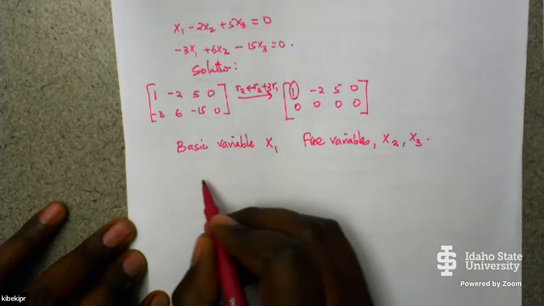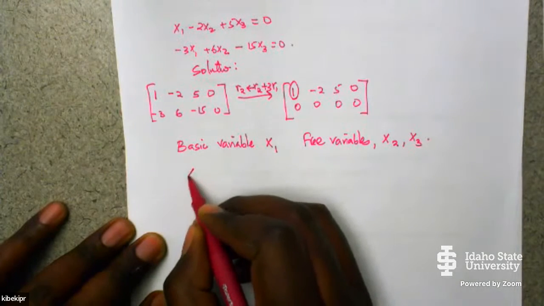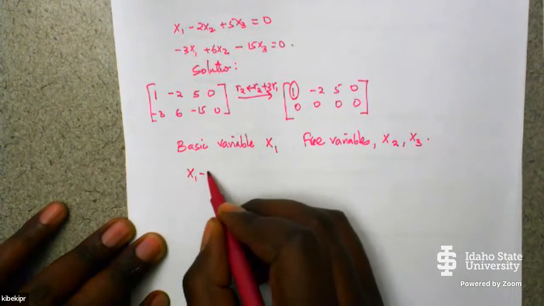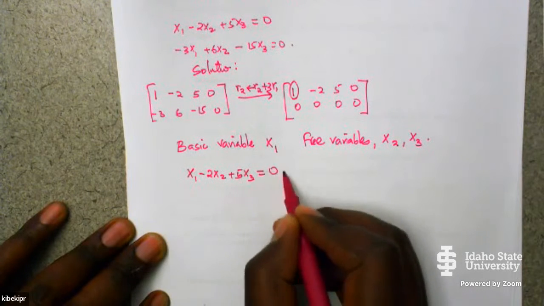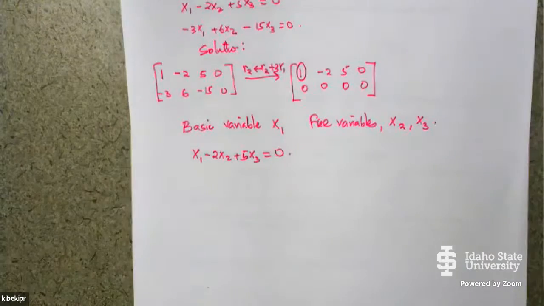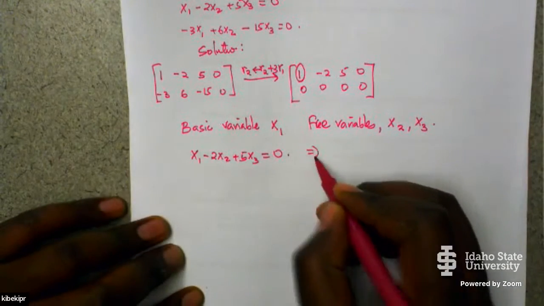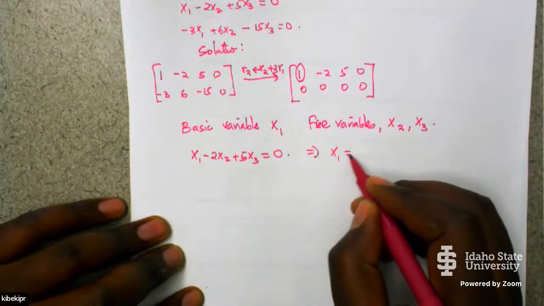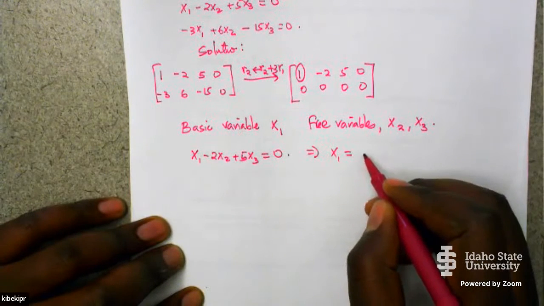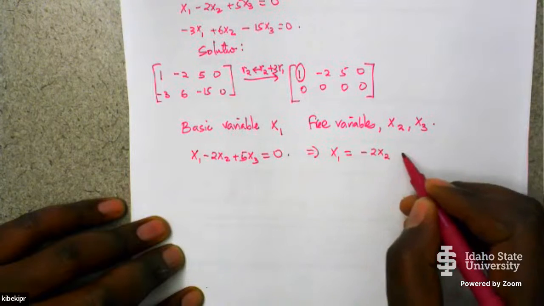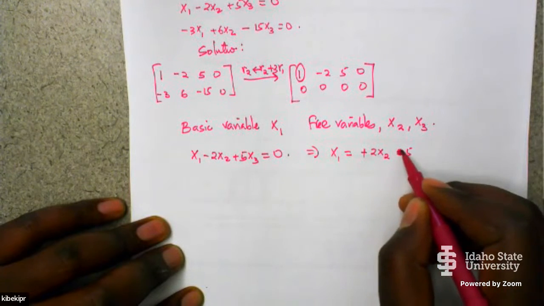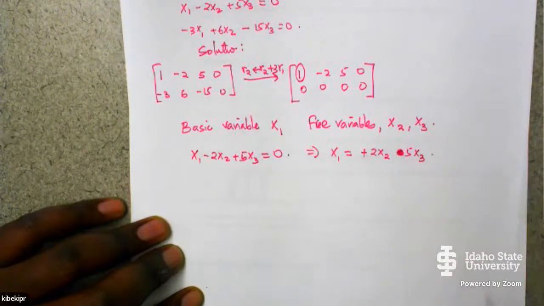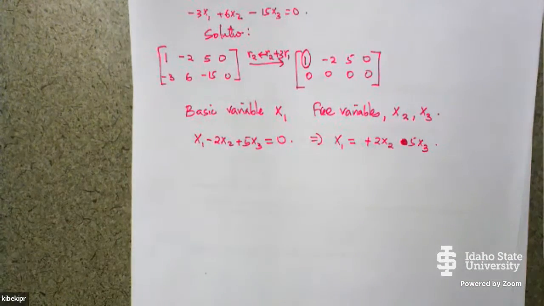So our new linear system will now be x1 minus 2x2 plus 5x3 equals 0. Then our x1 will be equal to, taking the others to the other side, 2x2 minus 5x3.